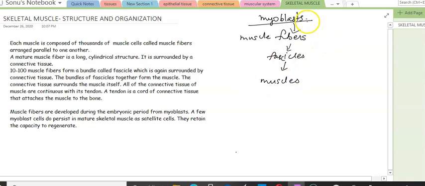So this myoblast, almost all of the myoblasts differentiate into muscle fibers before birth itself. Only very few myoblasts persist after birth, and they are called satellite cells.